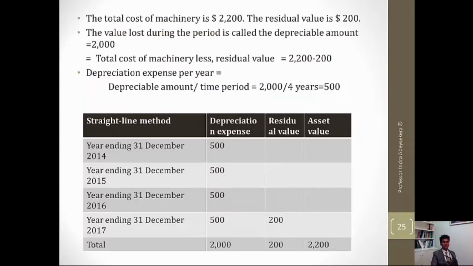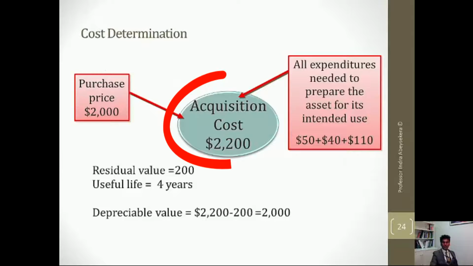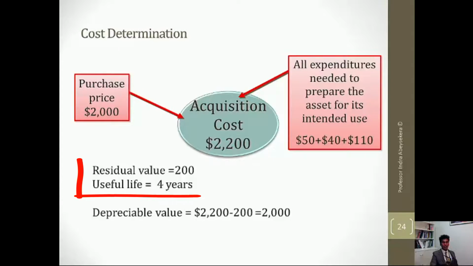Straight line method. We have an asset which is 2,200. We estimate the residual value or the salvage value as 200. Useful life of the asset we estimate as 4 years.